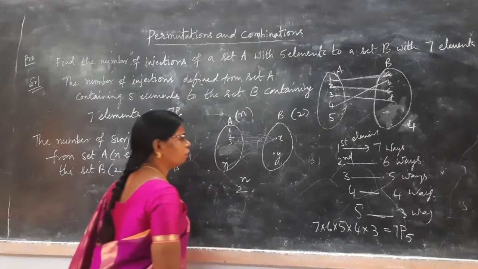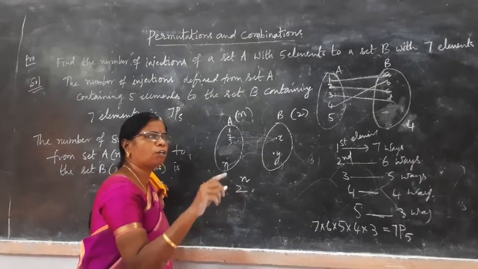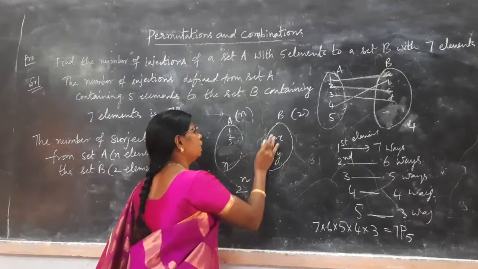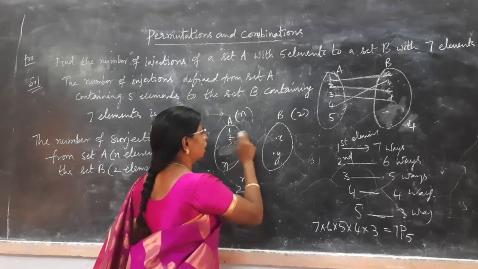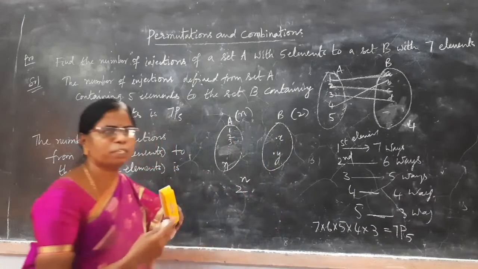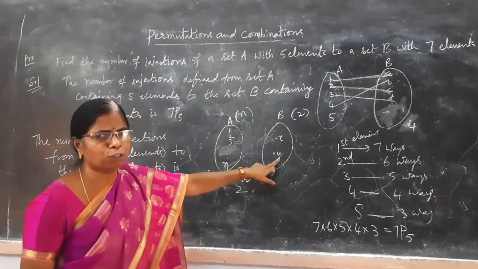Now this is a function, but it is not a surjection, it is not an onto function. Similarly, suppose all are mapped like this. Then in this case it is not going to be a surjection, because y is left over here.